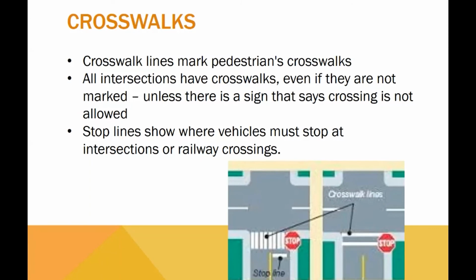On the other image, there's a crosswalk line, but there's no stop line. You still are required to stop before that crosswalk. Even if there's no stop line, you need to prepare your vehicle to stop before you enter that crosswalk. You're not allowed to be just parked or stopped in crosswalks. You definitely don't want to be obstructing pedestrians.